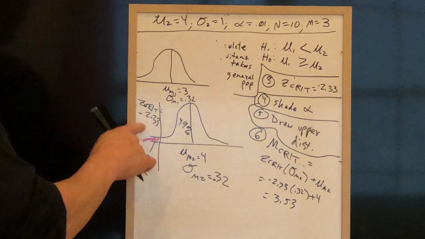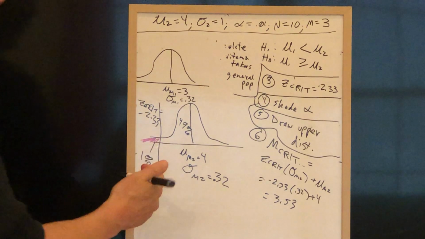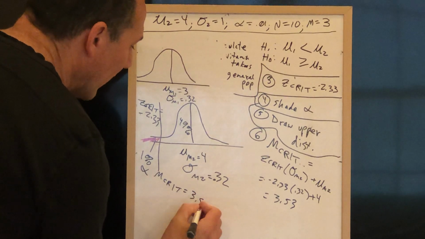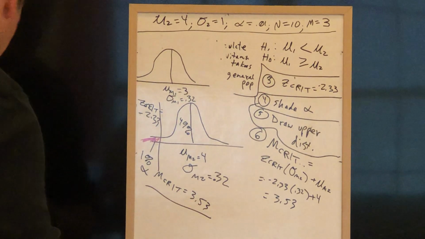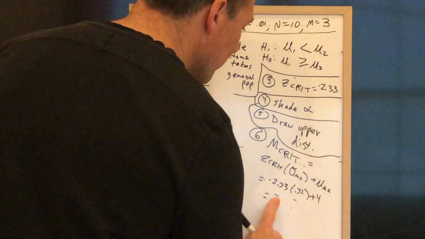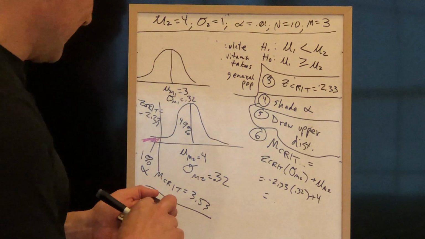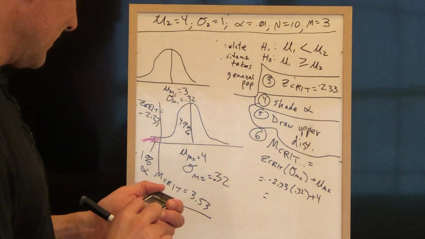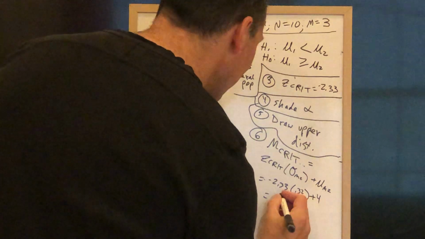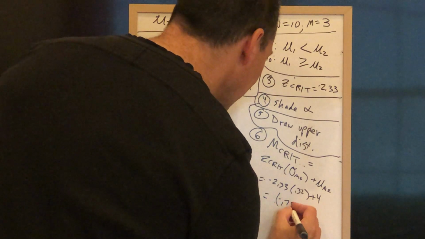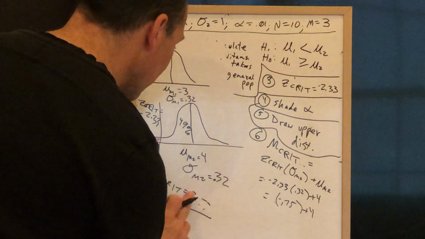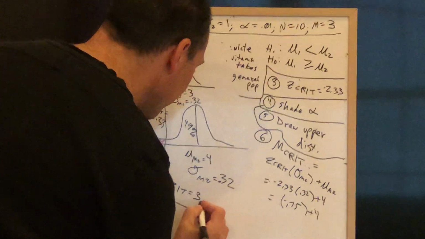Oh, I actually have 3.25. Whoa! So I wasn't even close. Let me do that again. Sorry, yes, kids. 0.32 times 2.33. Okay, so it's negative 0.75 plus 4. Oh yeah, so it's just 3.25. Yeah. Okay. Thank you, Dana.